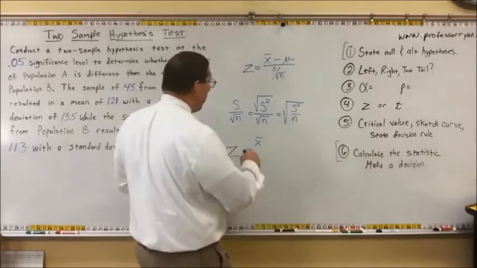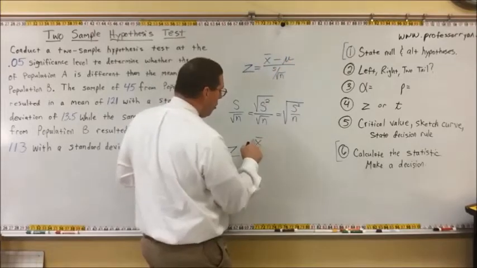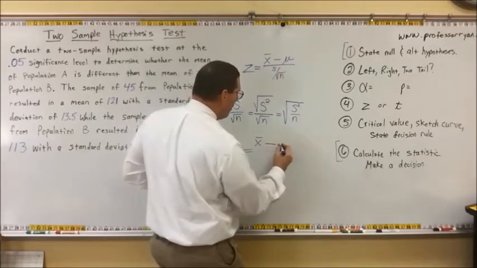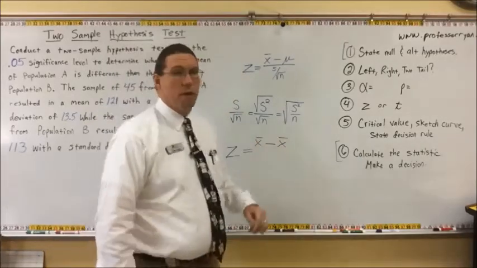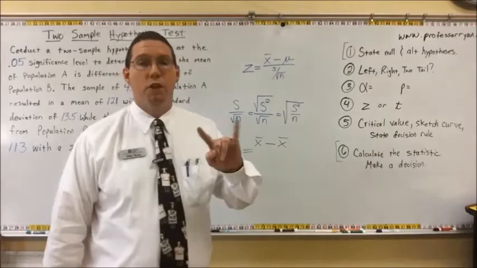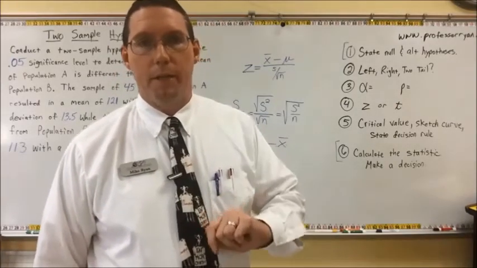And so we're not going to have a sample mean compared to an objective value. We're going to have a sample mean compared to another sample mean. So we're going to have x bar minus x bar. We're comparing the 2 means of the 2 samples from the 2 populations.